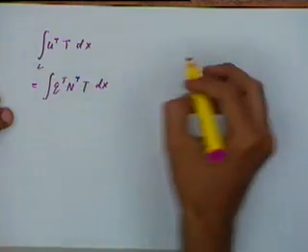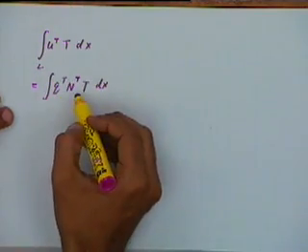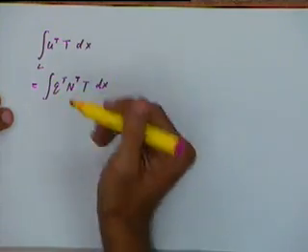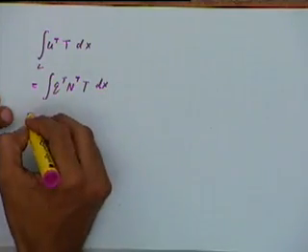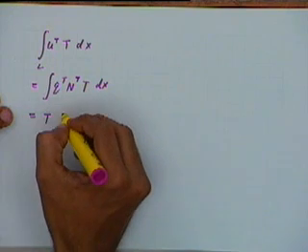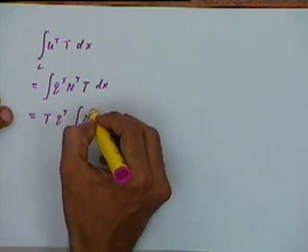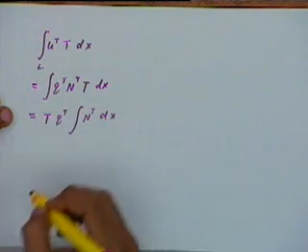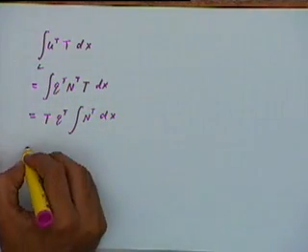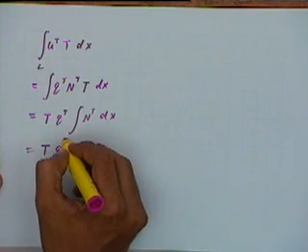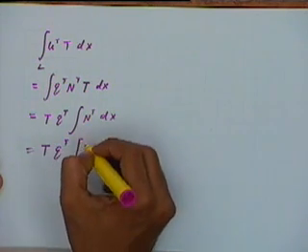Because I know u is equal to nq, so u transpose is q transpose n transpose. We just did that. This is equal to t into q transpose into integral of n transpose dx.